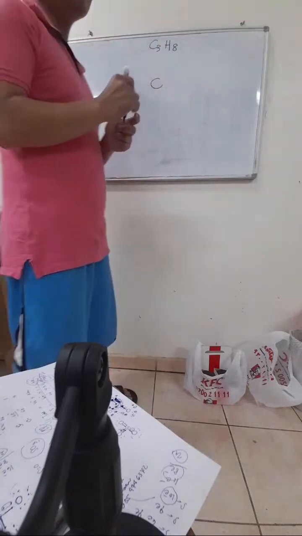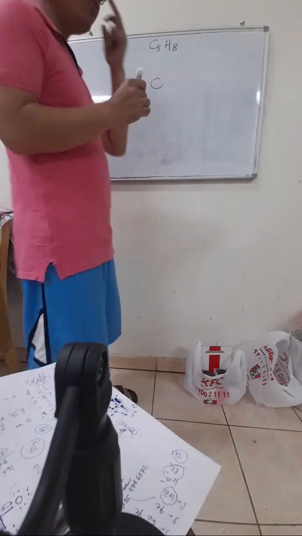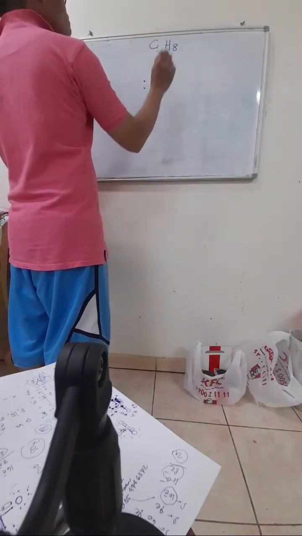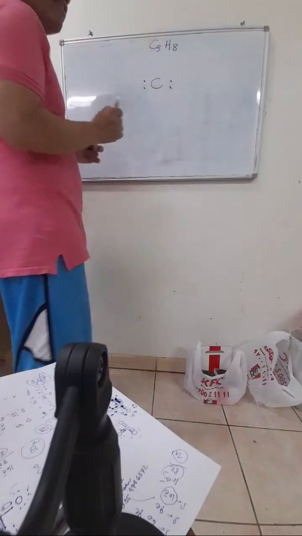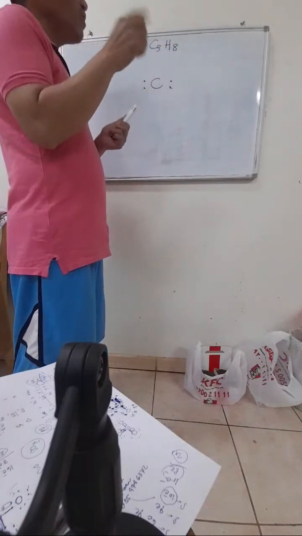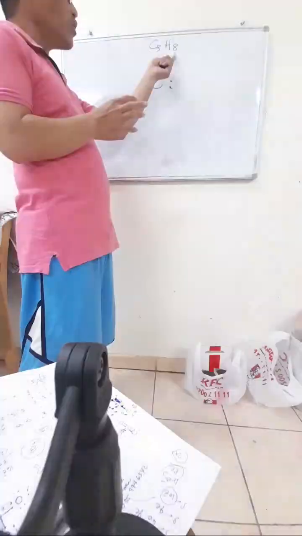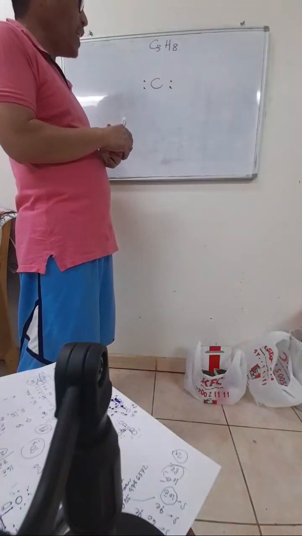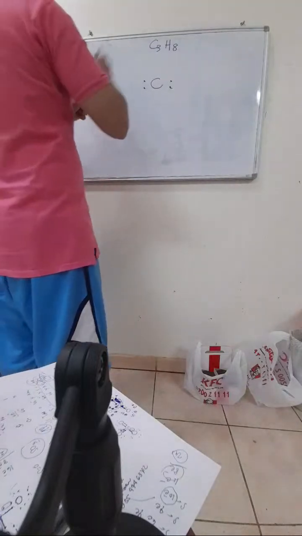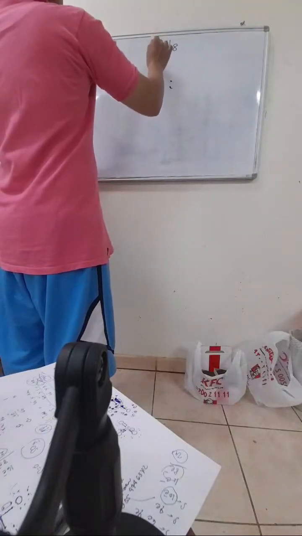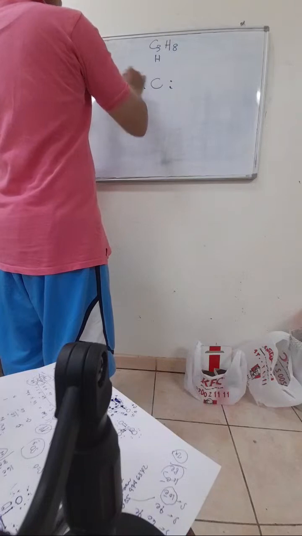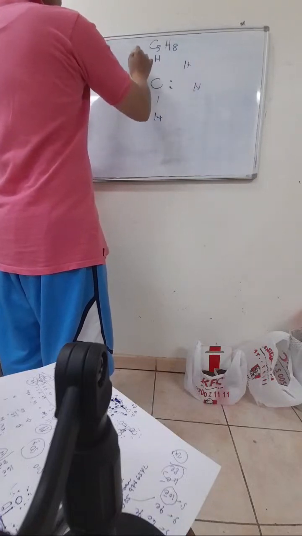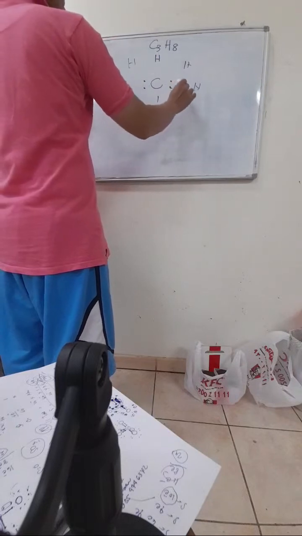Carbon is in group number 4, so you will say 4 valence electrons: 1, 2, 3, 4. Hydrogen is only 1, but there are 8 of them: 1, 2, 3, 4, 5, 6, 7, 8.